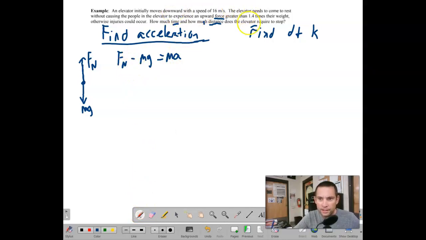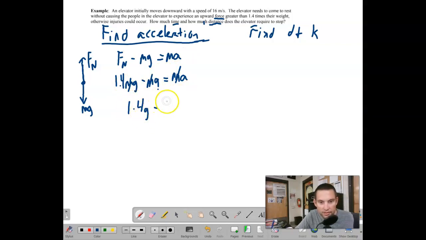We know that this can't be more than 1.4 times their weight, the normal force. So that means we are going to use that 1.4 as a multiplier times mg minus mg equals ma. Okay, so we have mass in all 3 terms, so that can go away. All right, so we have 1.4g minus g. Well, isn't that basically 1g?